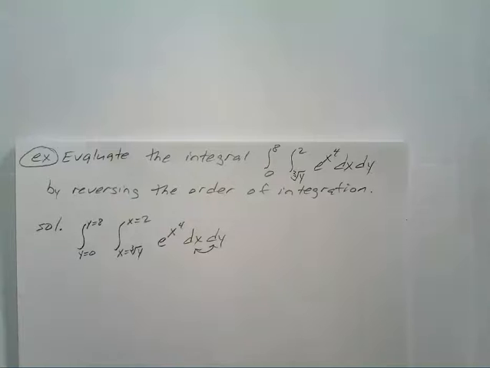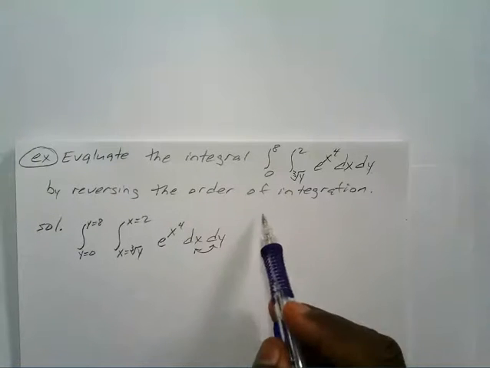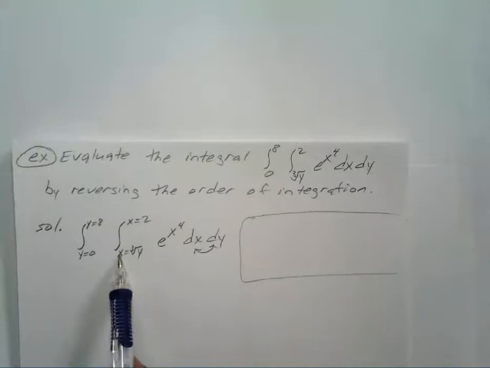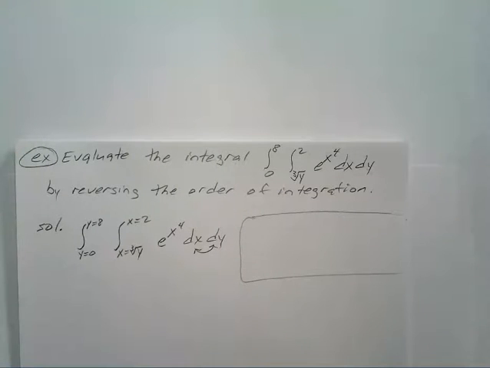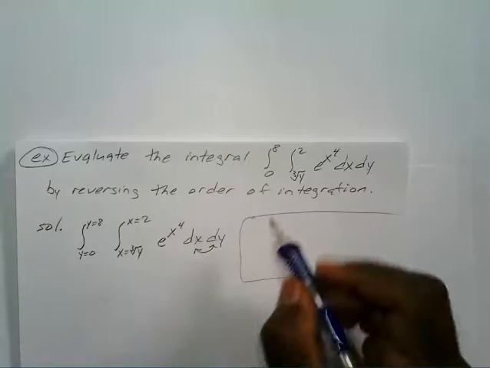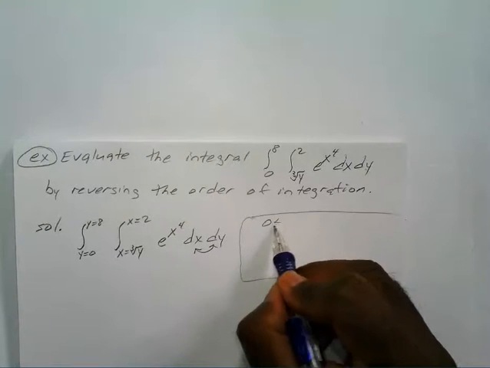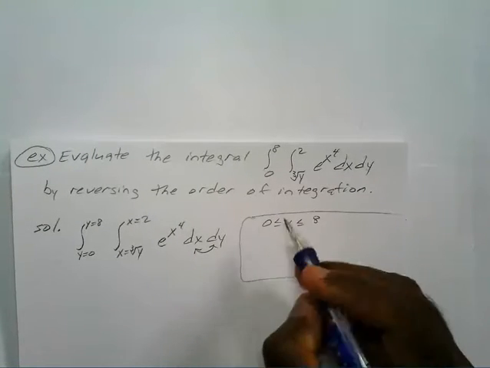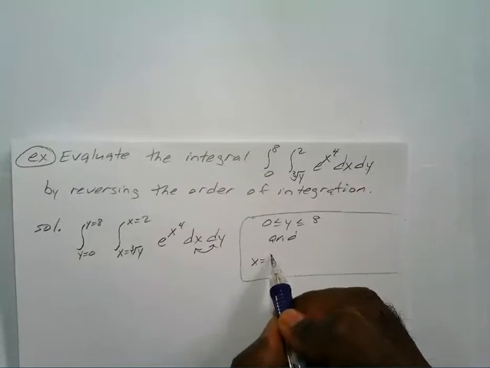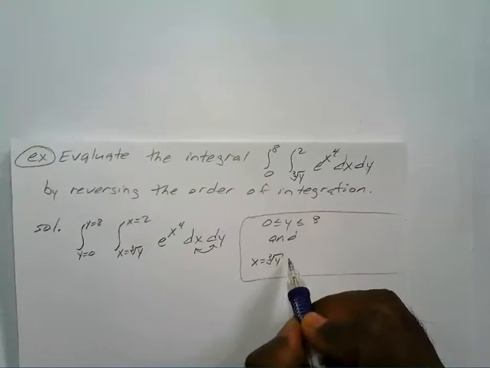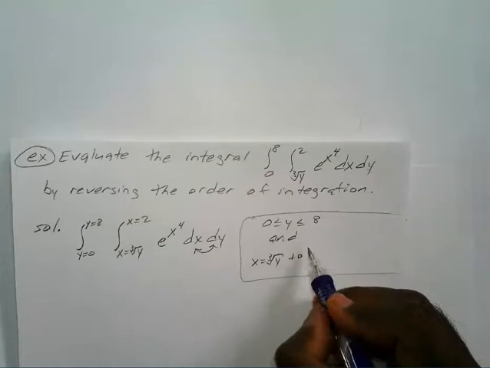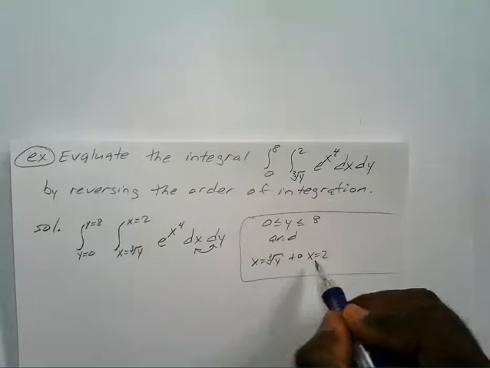All right. So what do we know here? We know that we can't just switch those up. We know that y is from 0 to 8, and x equals cube root of y to x equals 2.